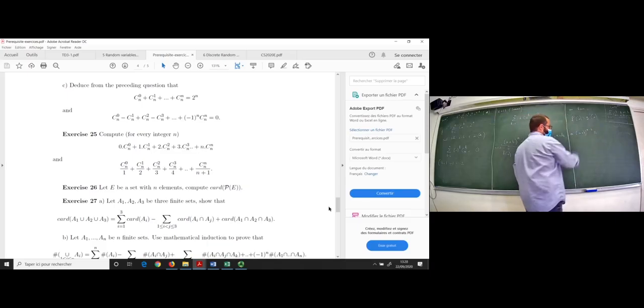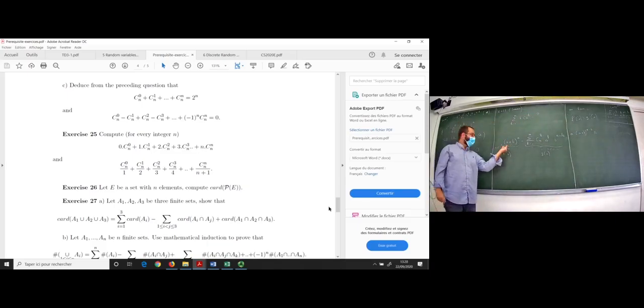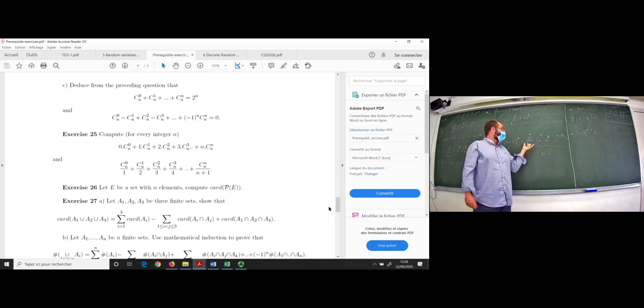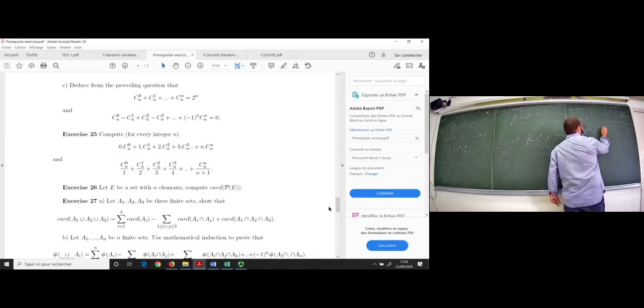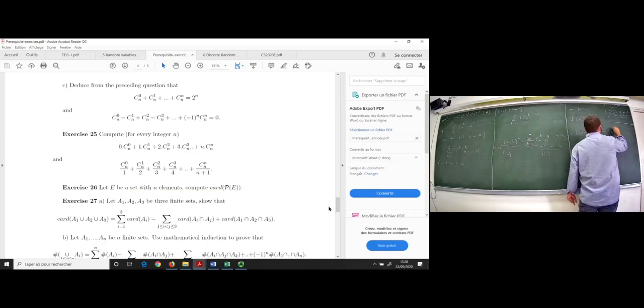Here you have f prime, the derivative of this one. I repeat, my variable is a, b is a constant. And here I have just sums of terms of this form. The derivative of a sum is the sum of the derivatives, and I obtain the sum from k equal to 0 to n, c and k, k, a to the power k minus 1, b to the power n minus k.